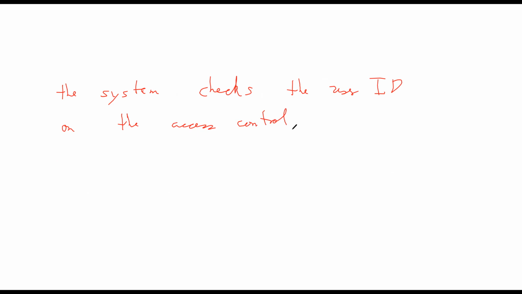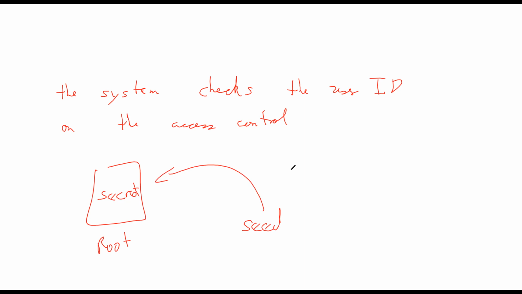It'll check who the owner is and what the permissions are. If that's not correct, it's not going to let you look at it. That's why in this lab, remember, you're creating a file that is a secret, and the owner is root, but only root can read it. Then you have seed over here, and seed will try to read it with cat or something like that, and it will be unsuccessful, because the permissions will not allow it.